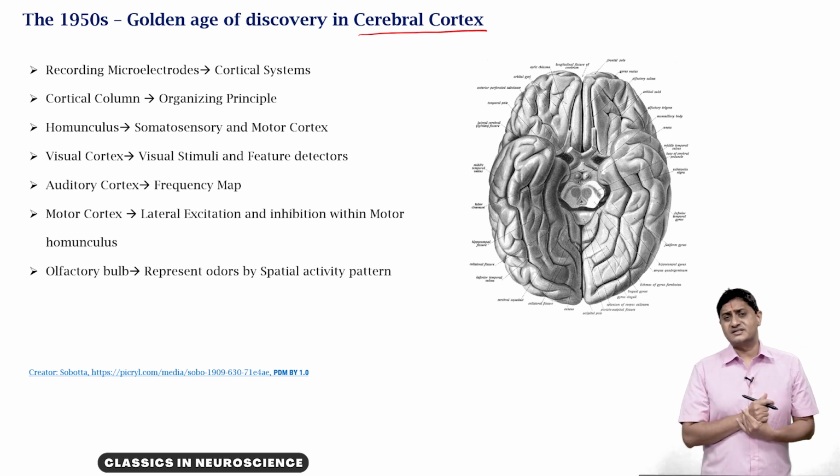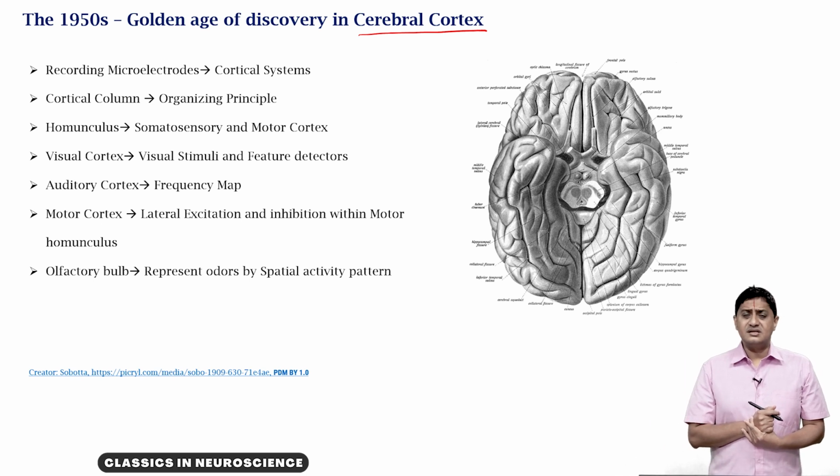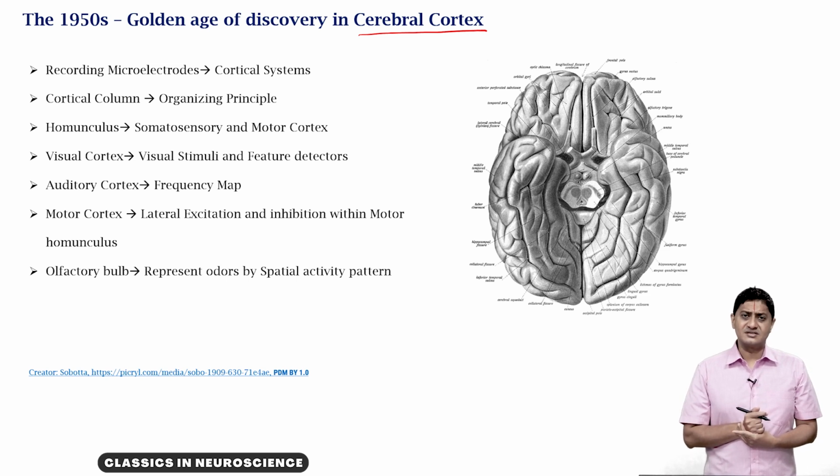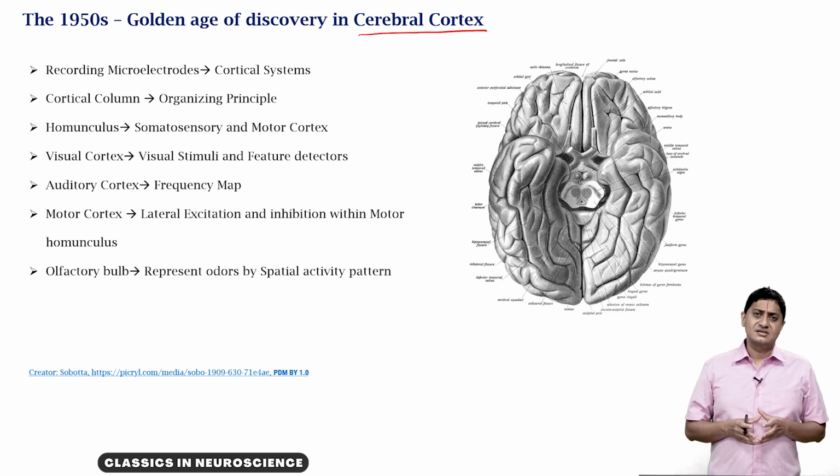The earlier discussions on the connections or neural circuitry within the spinal cord were discussed at some depth. Can we find a similar organization within the cerebral cortex?